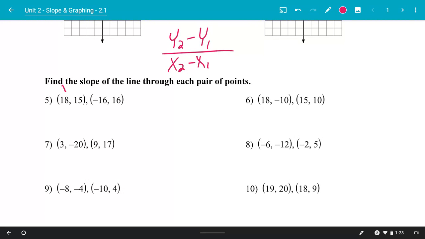So if you want to label the points x1, y1, x2, y2, and then just plug them into the formula, we get 16 minus y1, which is 15, over x2, which is negative 16, minus x1, which is 18. And that gets me a 1 over a negative 34. So a negative 1/34.